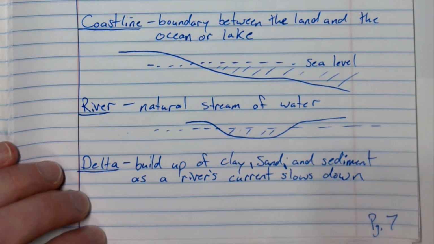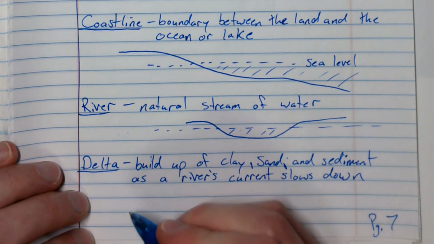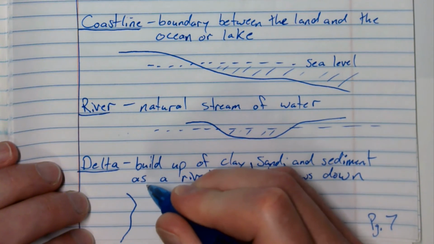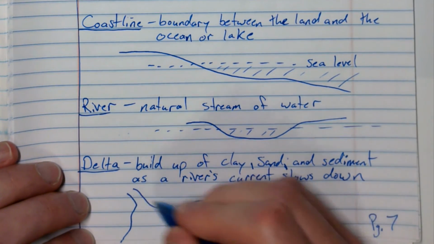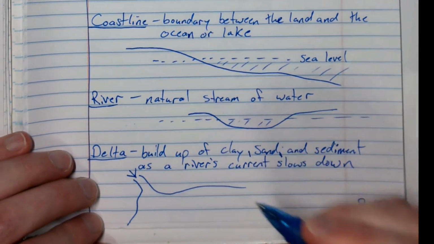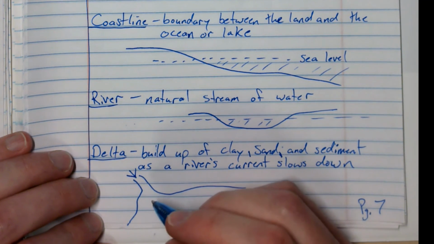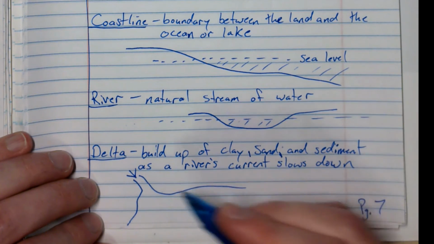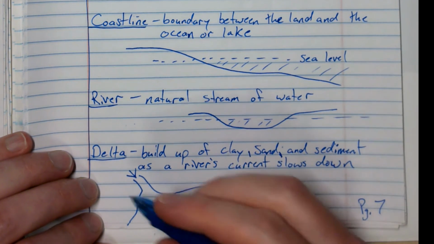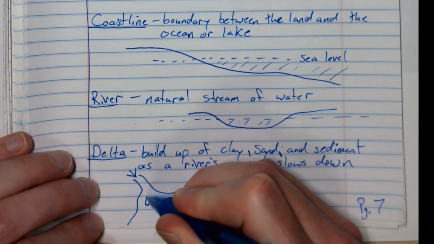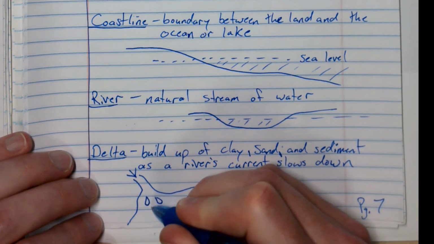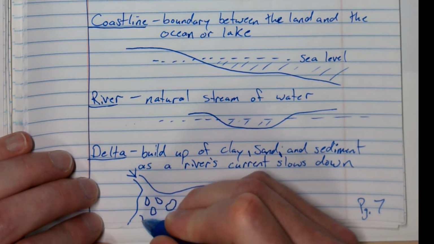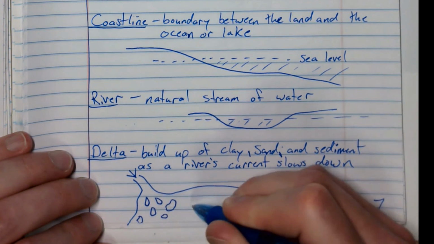All right, we can fit a picture on here, I'm pretty sure. So let's say I have my river kind of like flowing out here. So the river's this way, or it's flowing that way. Then it hits this big body of water and it slows down, and then we start to get these kind of like little islands to show up in the path.